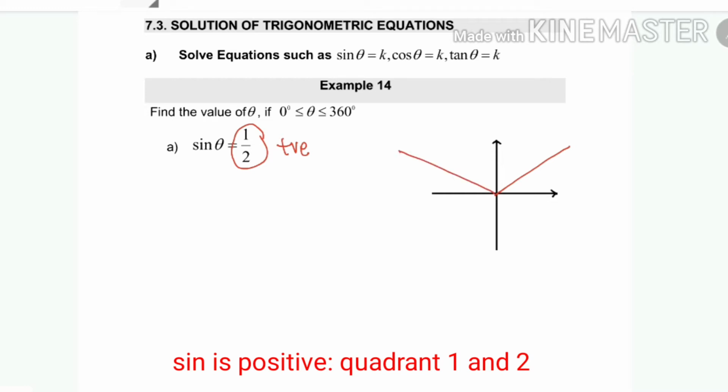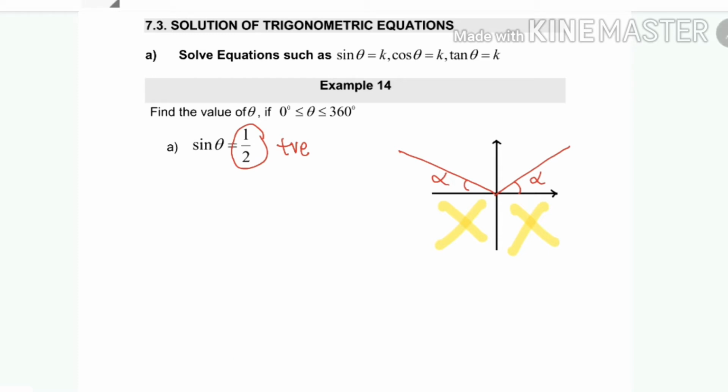That means the corresponding value of alpha is located on first quadrant and second quadrant. Next, we have to reject the third quadrant and fourth quadrant because this is a location of sine negative.